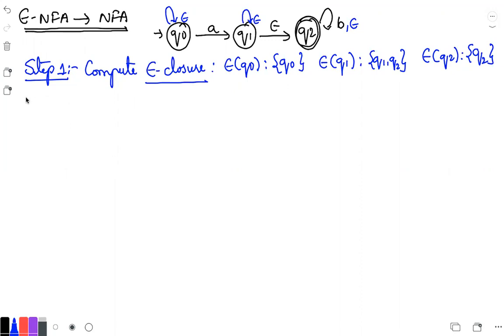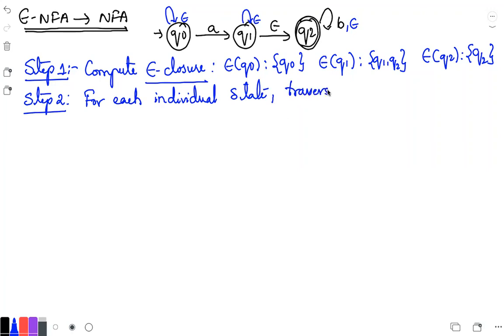Now, step 2. For each individual state, traverse over the input. That is the only difference. What is the input?